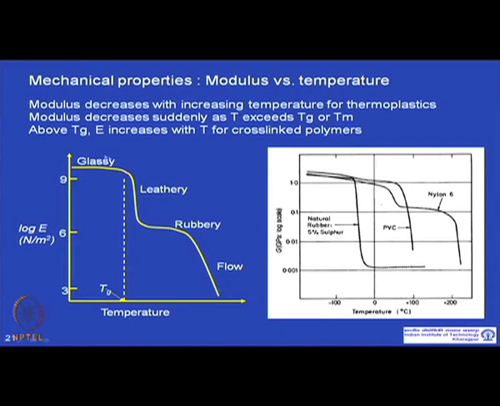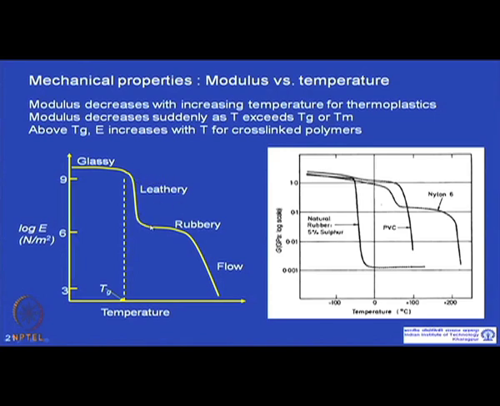Below Tg it is glassy, which has higher elastic modulus, and it is more like elastic behavior. Then immediately after the Tg it becomes soft, but because of high viscosity the polymer chains still cannot move past each other very easily, and that is the rubbery leathery state.